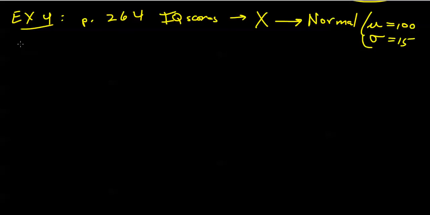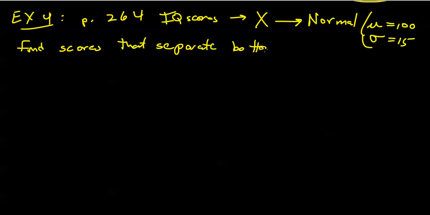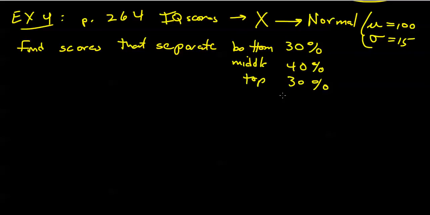We want to find the scores that separate the bottom 30%, the middle 40%, and the top 30%.